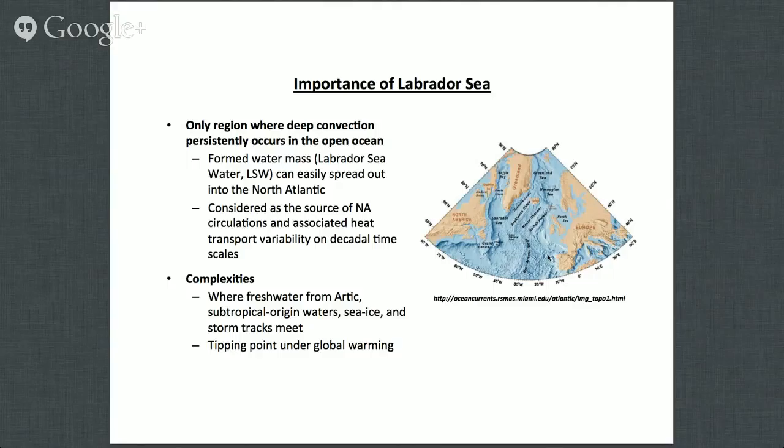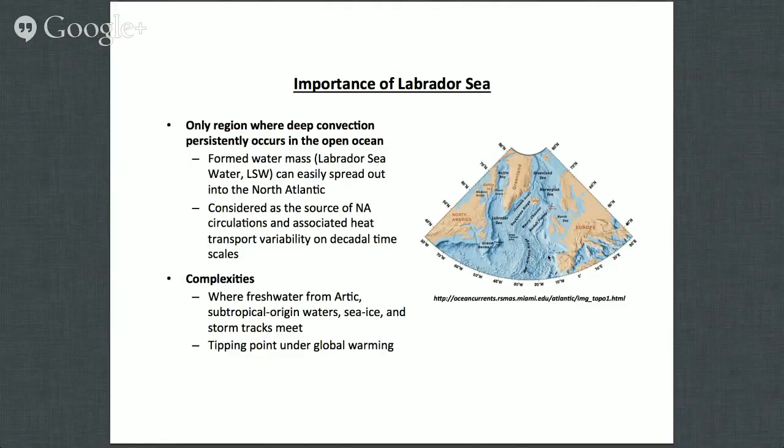So the Lab Sea is directly connected to the broader North Atlantic Ocean. So the deep water formed in the Lab Sea can easily spread out into the North Atlantic. This source water is considered the source of North Atlantic circulations, such as AMOC and the subpolar gyre, and associated heat transport variability on decadal timescales.